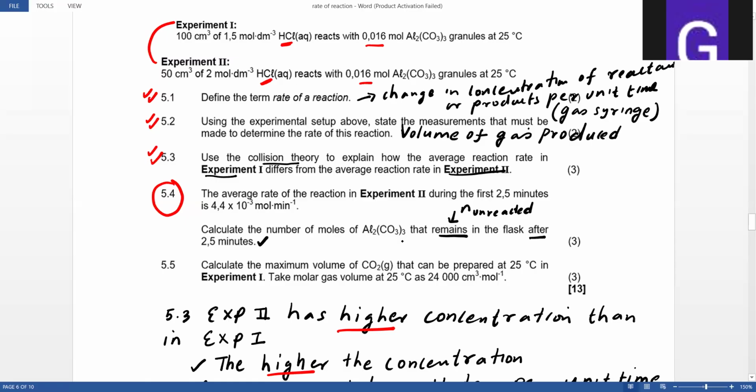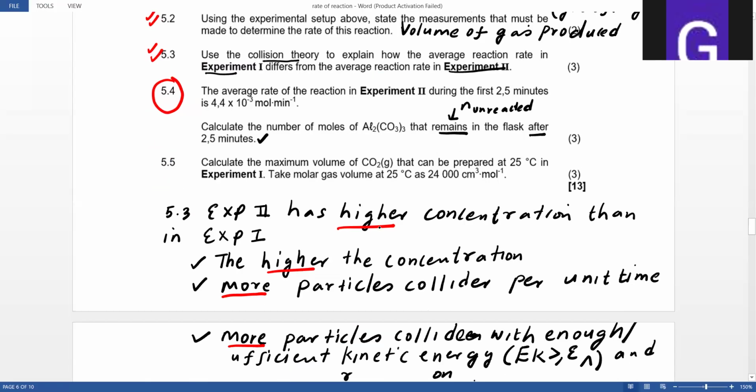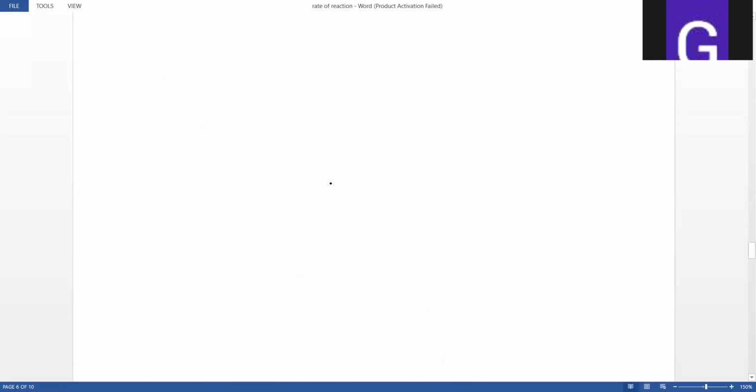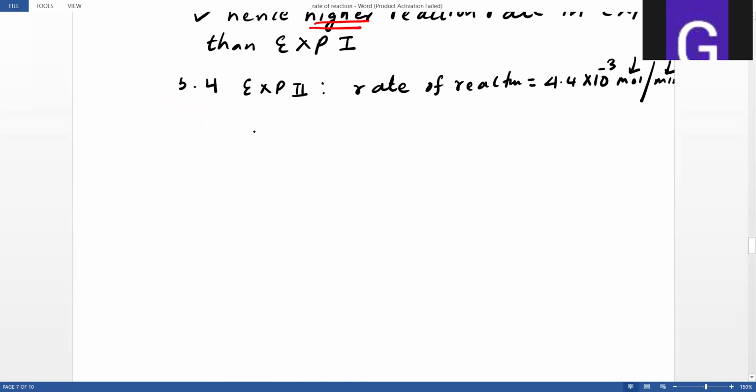Right, we'll do this. According to this formula, the rate of reaction is the change in the number of moles over the change in time, where the number of moles is in mole and the time is in minutes.